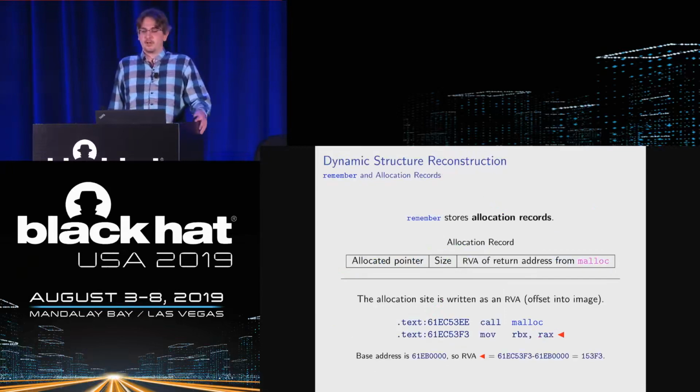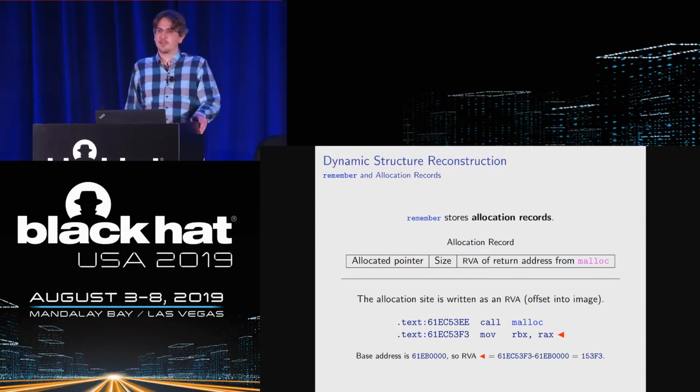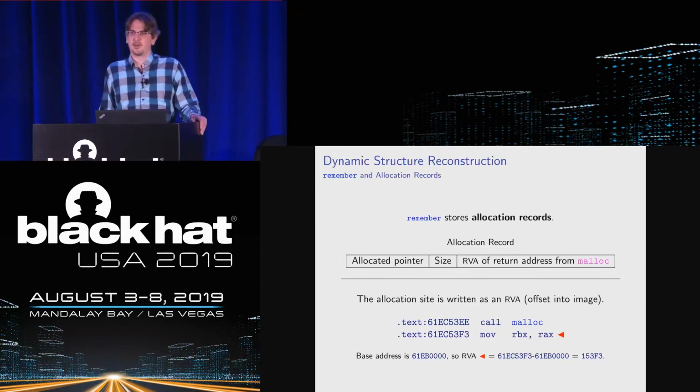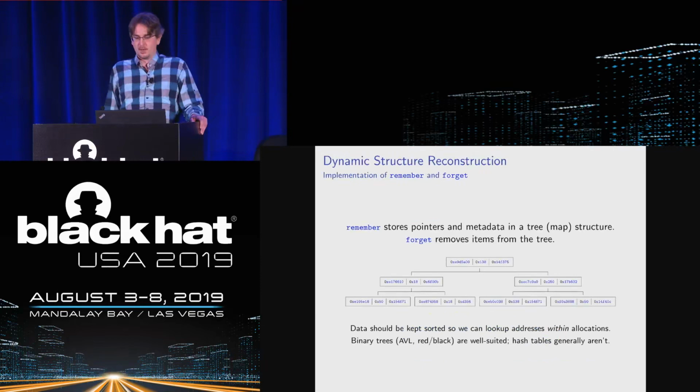So inside of the malloc hook, the remember function is going to store allocation records, which is the pointer itself that was allocated, the size, and the RVA within the image that it was allocated from. This is recorded relative to the base address of the image, so we don't have issues with ASLR and aggregating the results across multiple runs. It's going to store these allocation records in some sort of data structure. Later on, we're going to have to look up addresses within these allocations, so we'll be looking up not just by the base of the allocation, but also anywhere within the allocations.